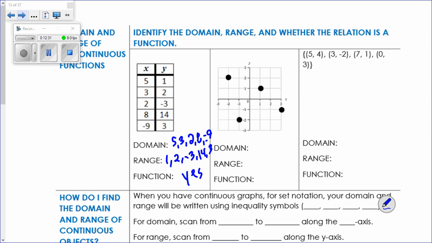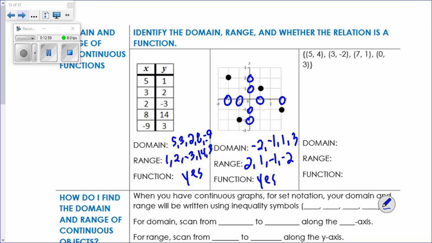Look at the next one. I have -2, -1, 1, and 3. So -2, -1, 1, and 3. This is a function. Yes, it is. Now for the range, I have 2, 1, -1, and -2. So 2, 1, -1, and -2.